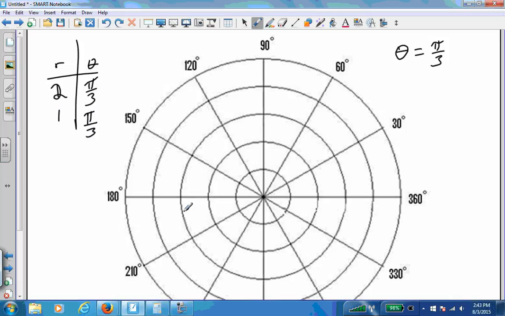So that's going to be a straight line in the direction of pi over 3, which is 60 degrees. Remember, we can also have a negative radius. If I'm in the direction of pi over 3 and I have a negative radius, that means to go away from pi over 3, so that's in that direction. So that's just a straight line there.